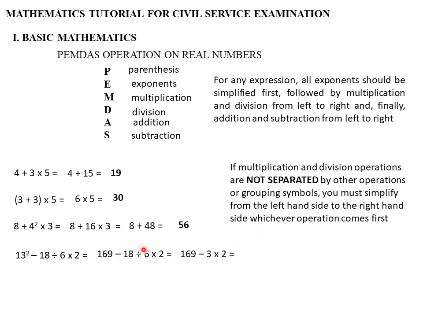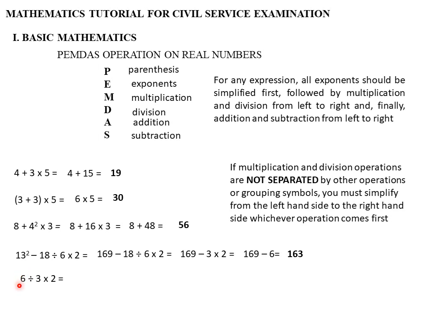So we first calculate the left-hand side: 18 divided by 6 is equal to 3. And then copy, times 2. So 3 times 2 is equal to 6. So 169 minus 6 is 163.